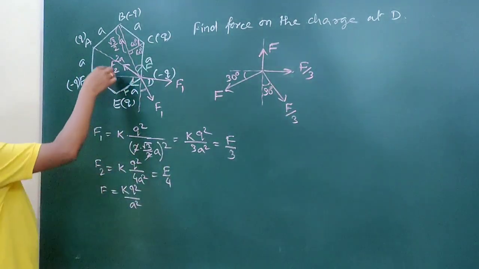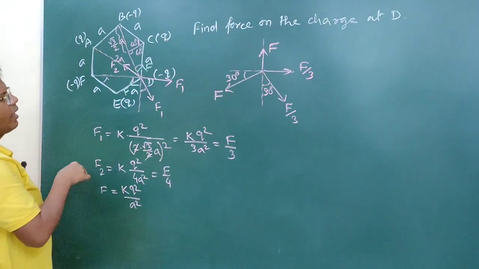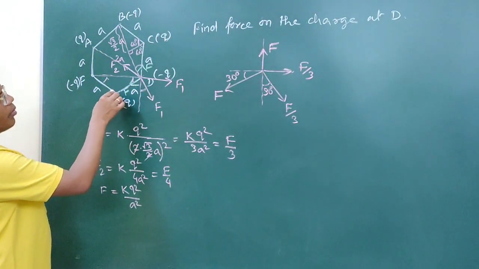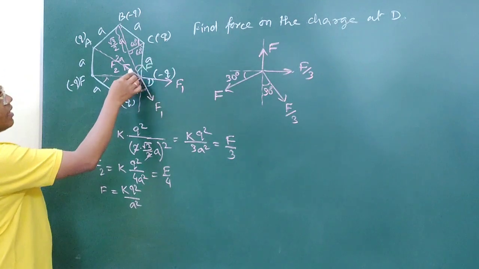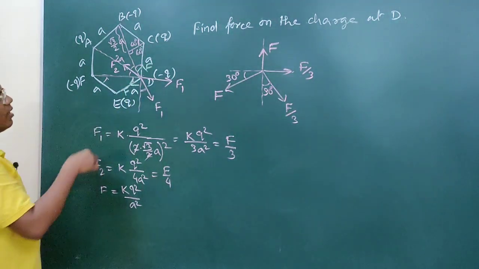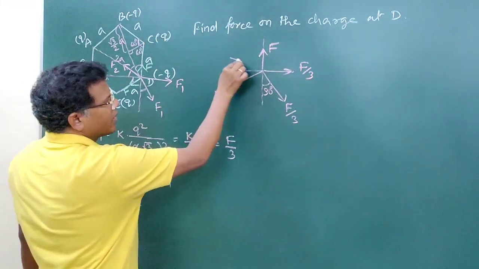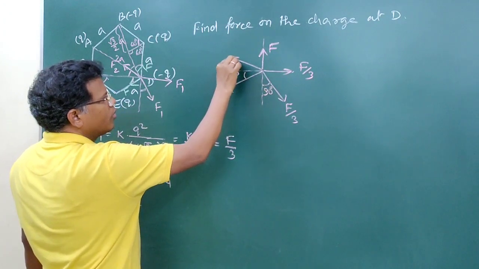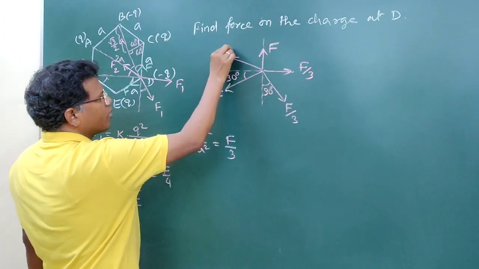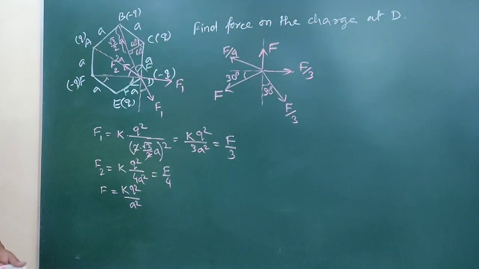And now finally it is the F2. See, if this angle is 30, this is 30, this is 30, right? So this will be the direction of F2, which is F by 4. Could you follow what I mean?